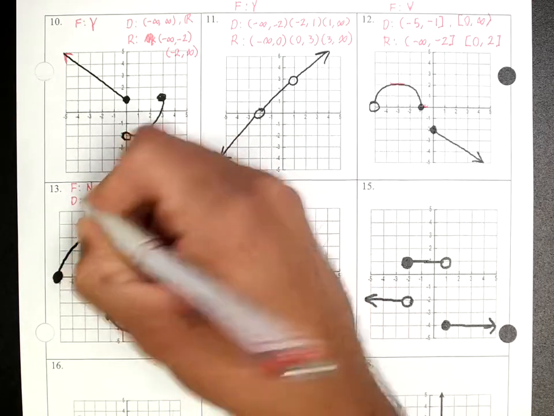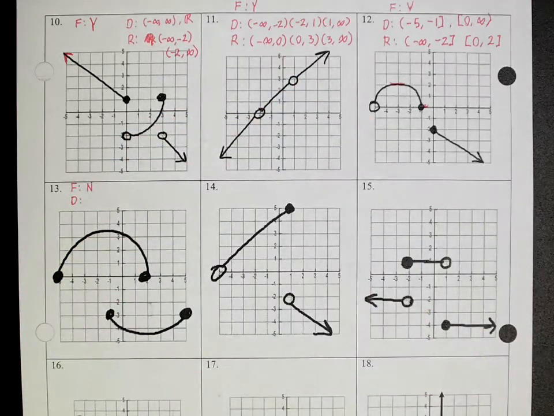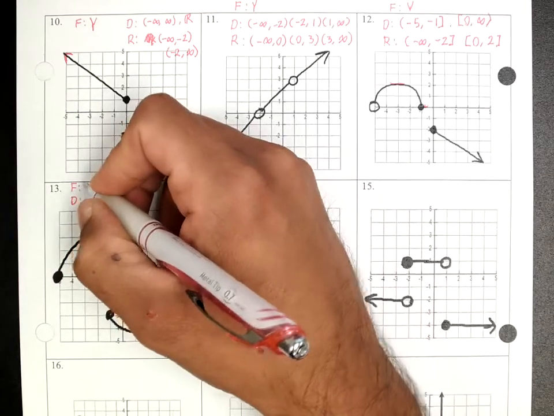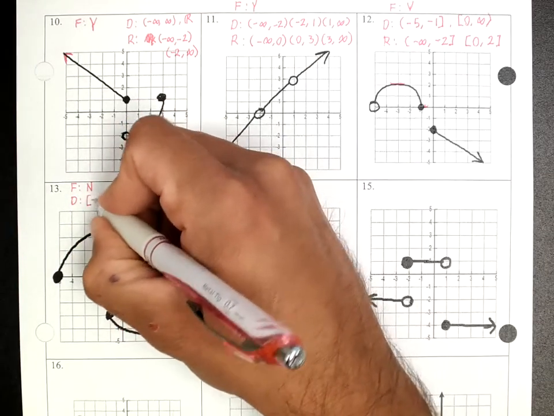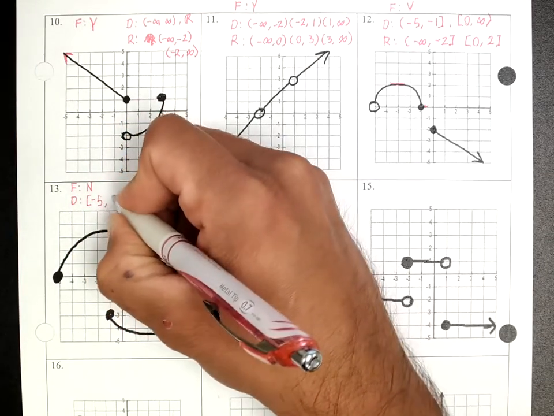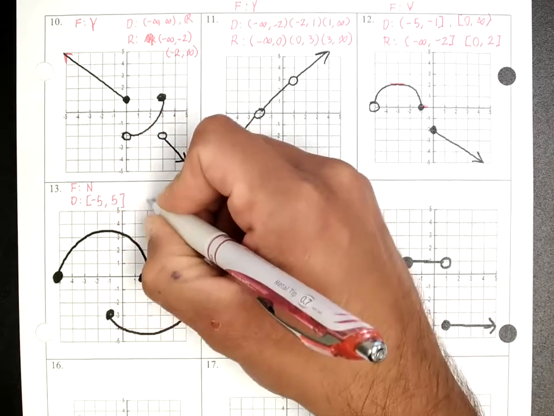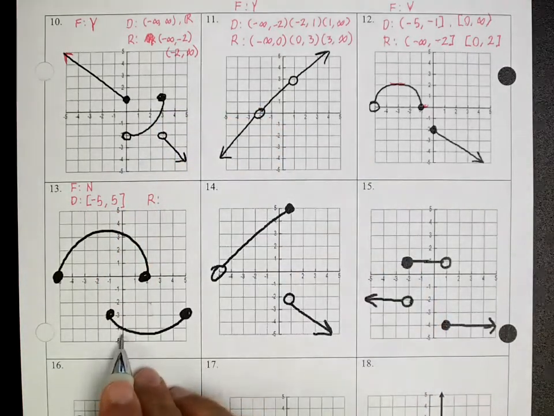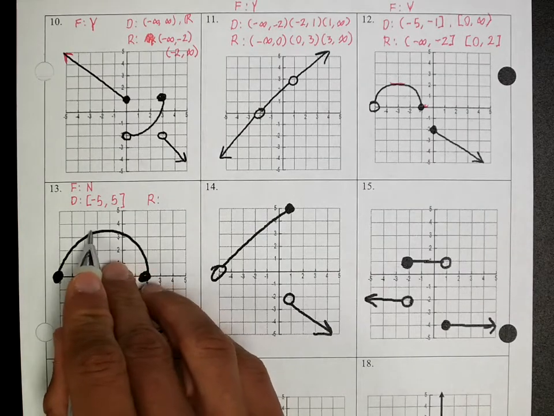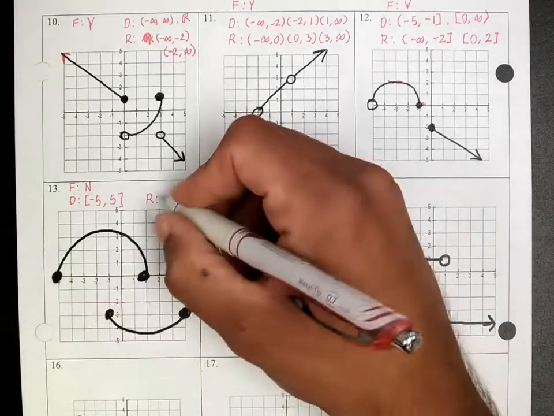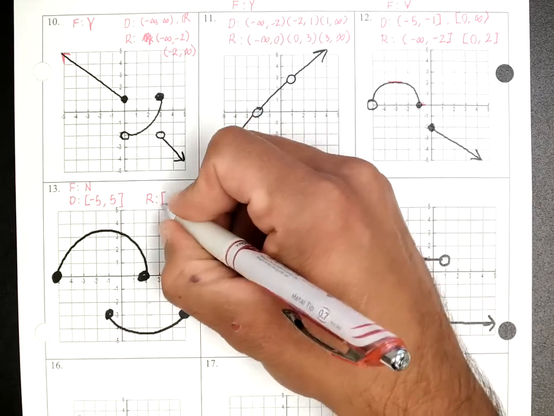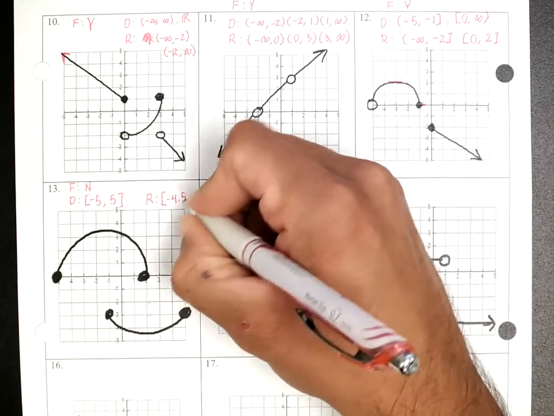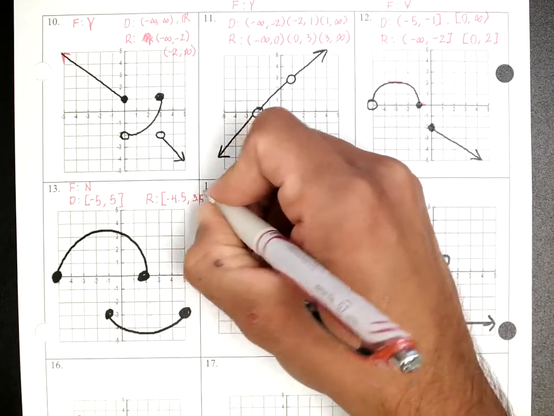The domain on this one would be between -5, including -5, and +5. And the range is going to be, I'm going to call that like -4.5, I'm going to call that like +3.5. So this is -4.5 and 3.5.